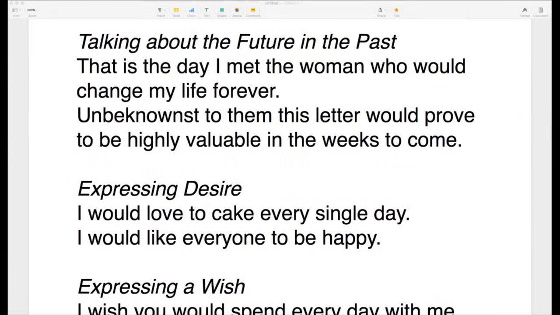An example sentence of talking about the future in the past is, "That is the day I met the woman who would change my life forever." So I met a woman who changed my life. I met her 3 years ago. If you say, "How did you meet her?